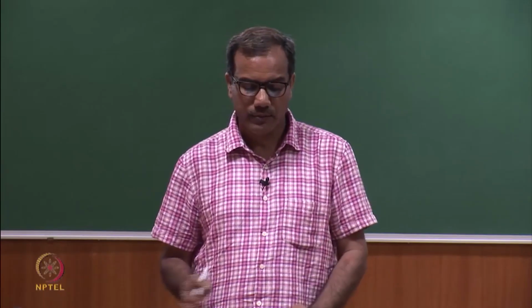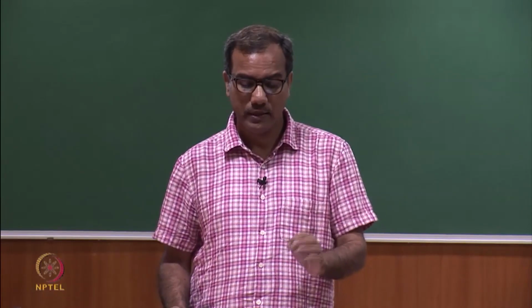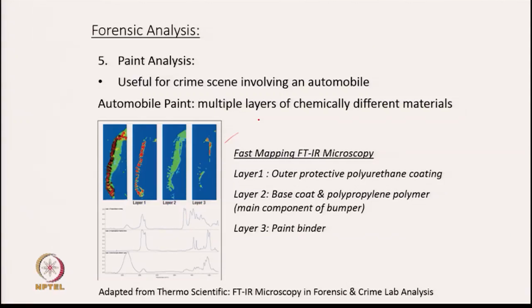And here is your mapping of paint using FTIR microscopy, and you can see layer 1 is your polyurethane coating, layer 2 is base coat and polypropylene polymer, and third is paint dimer. So, this is overall, and this is layer 1, layer 2, layer 3, and here is the IR spectrum of these 3 layers, and that can be compared with the paints used by different makes or models of automobile.